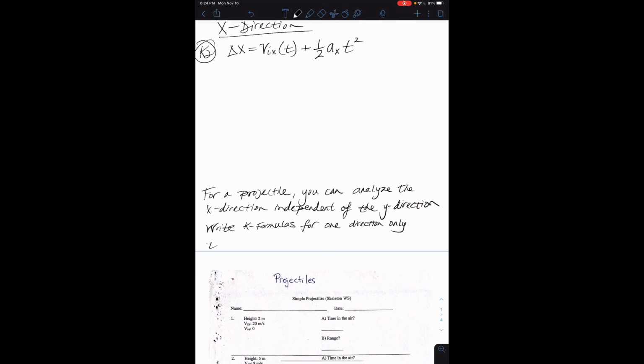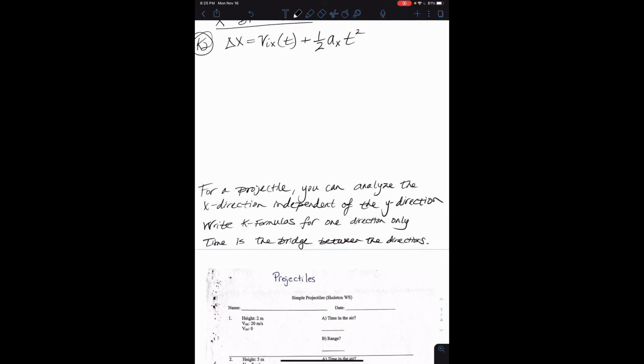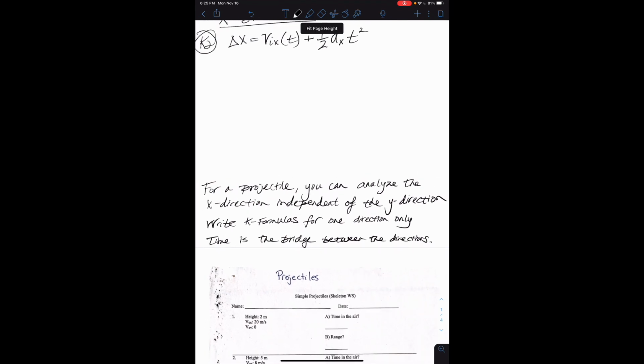And time is the bridge between the two directions. All right, hopefully that's easy for you to see. I know I'm not too zoomed in there. But all right, so those are some of the themes of this chapter that we're dealing with here.